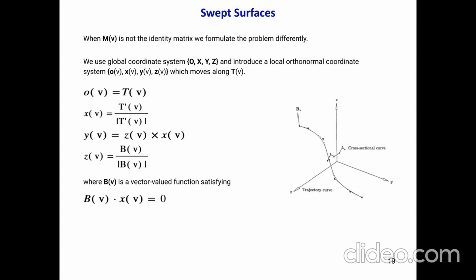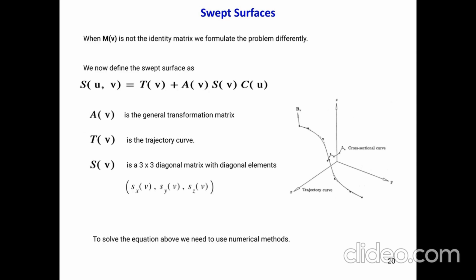Local orthonormal coordinate system, our XYZ coordinate system, is orthogonal. Normal referring to these normalizations that are occurring in our X, Y, and Z coordinates. Now we define our swept surface differently with this equation, where we introduce this trajectory curve, this transformation matrix, and this diagonal matrix.